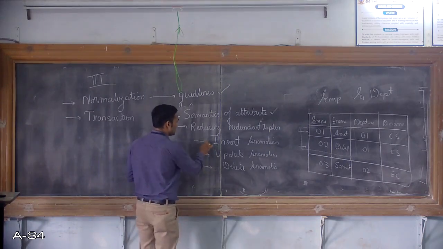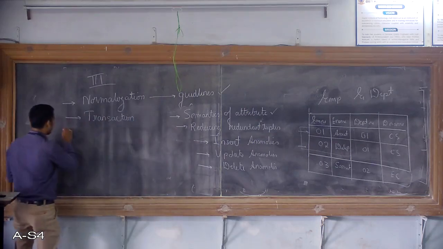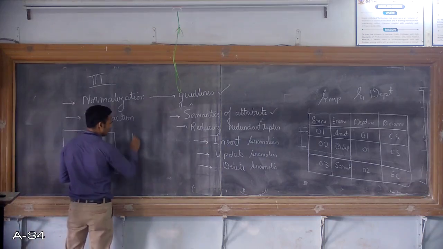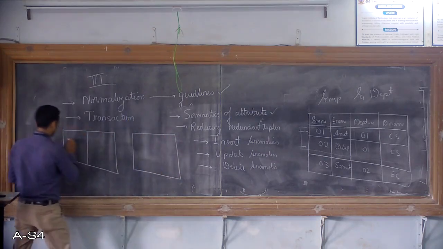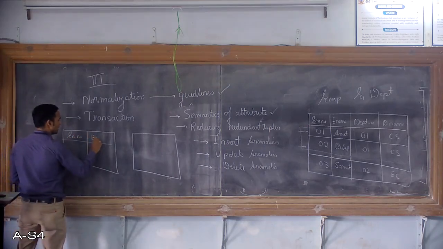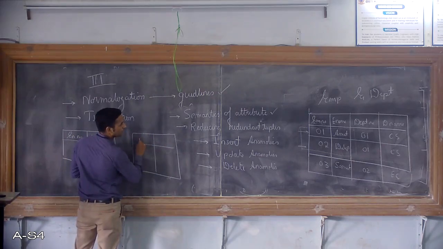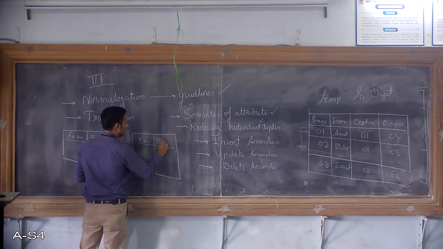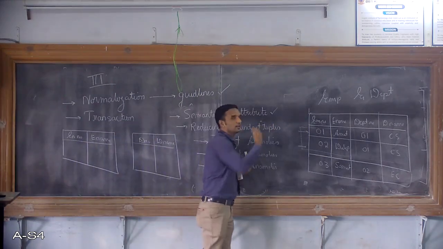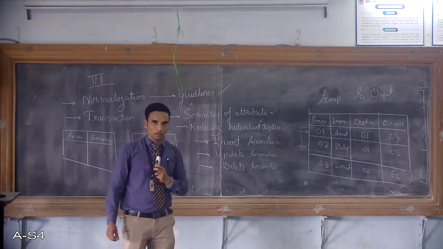Again, I'll take the same example. Assume that this is the employee table. We have employee number, e-name, and I have joined the table employee and department. So what happens with insert anomaly?